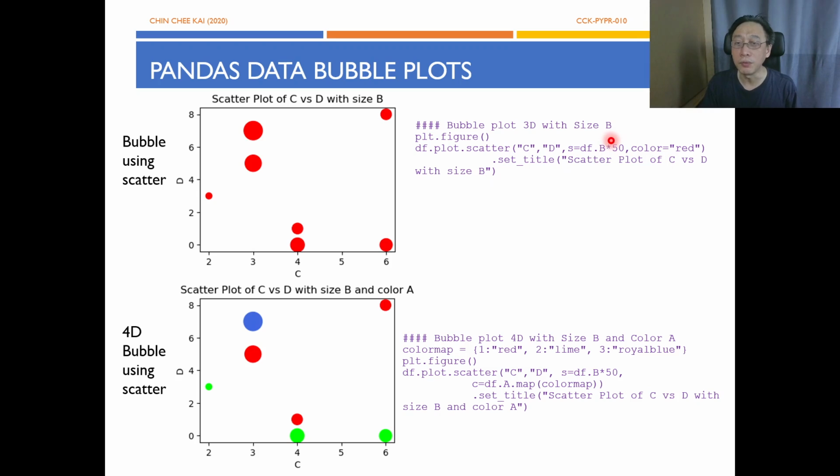So we multiply by 50 to scale it. It doesn't mean the data was multiplied by 50. And then we color it red uniformly. All bubbles are red. So this is three-dimensional plotting: C versus D versus B.